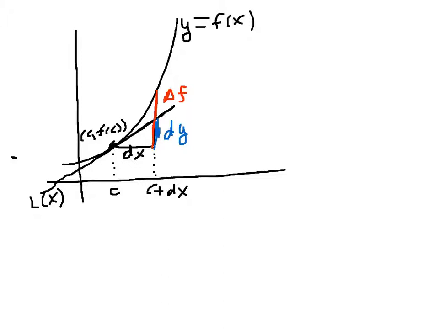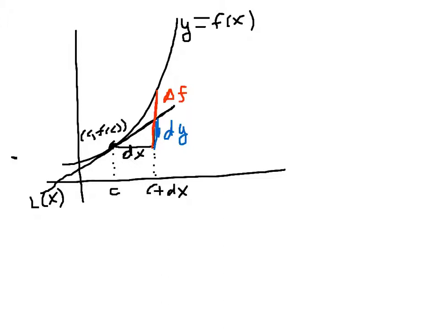The really important thing to understand here is that the smaller dx is, the closer dy and delta f will be to each other. The difference between those two, given by this much right here, will approach 0. So let's see if we can write this all out.